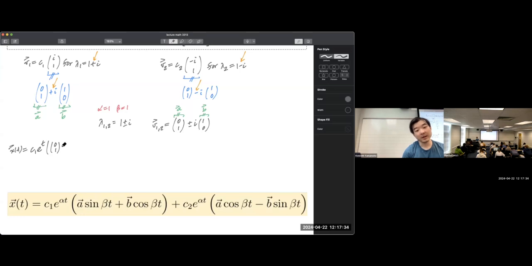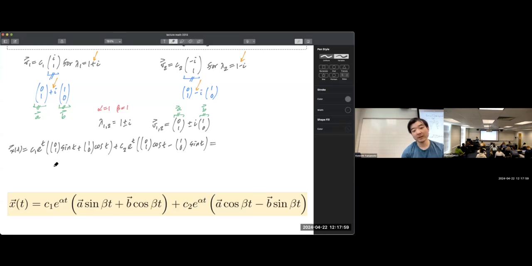That's your A vector. Sine of beta t is 1, so it's t. And then plus your B vector, 1, 0. Cosine of beta t, so that's t. Then C2 e to the t. The A vector is 0, 1, cosine of t, minus the B vector 1, 0, sine of t. This is the full solution.